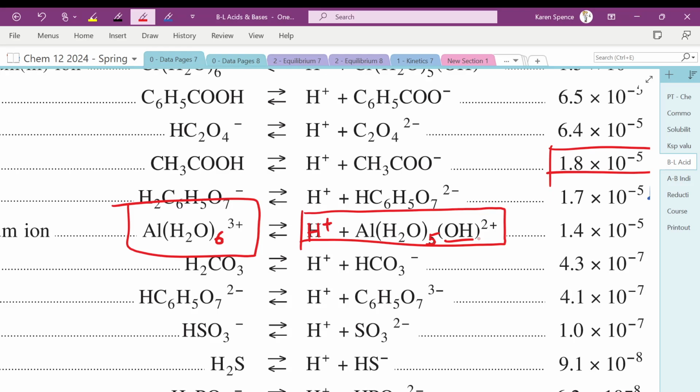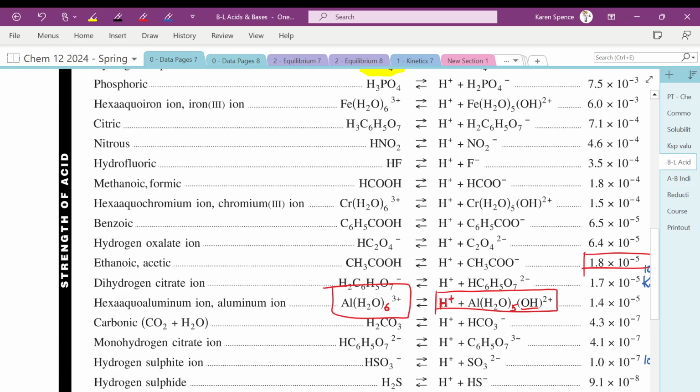You can just look it up. And how do you find these without having to search too hard? It's all the really long names. Long name, long name, long name.